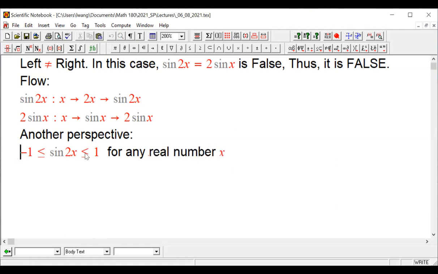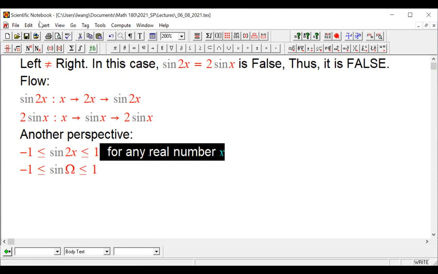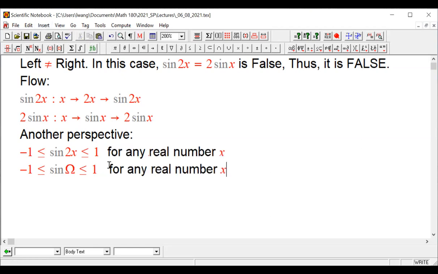Sine of anything, because of the flow, is always between -1 and +1. How about 2 times sine x? You multiply by 2, so 2 sine x is going to be between -2 and +2. This will give us a guideline as to how to find that counterexample if that's what you're looking for.